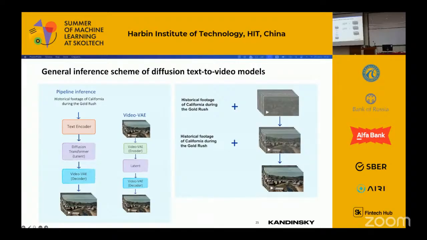But it's not only the compression, it usually has two losses. You have the reconstruction loss, so that means that you compress and decompress the video, and it's much better if this video after decompression, decoding, is just the same. The best one is just the same video.